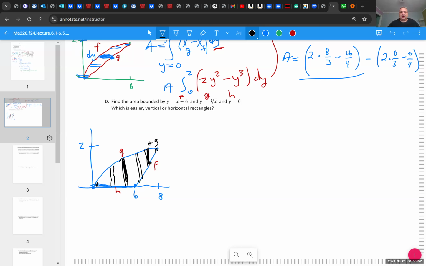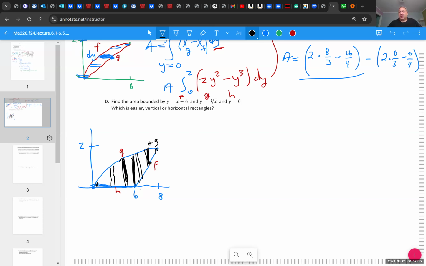You'd have to break this up into essentially 2 problems. One problem going from 0 to 6, where you're subtracting G minus H, and then another problem going from 6 to 8, where you're doing G minus F. Then you would find the area of those two parts and add them together to find the total area. You can do that and it will give you the right answer.